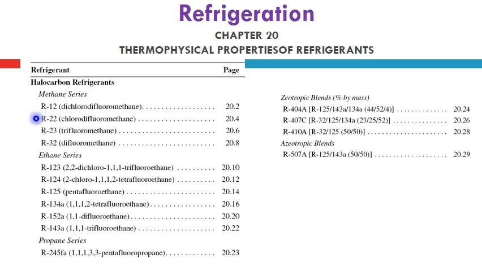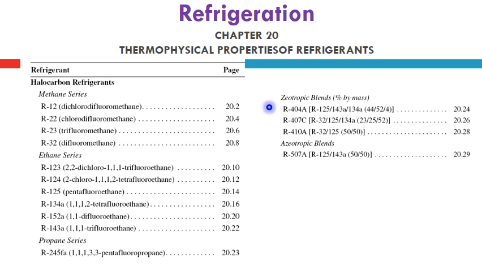The halocarbons of the methane series are R12, R22, R23, R32. For the ethane series: R123, R124, R125, R134A, R152A, and finally R143A. For the propane series, R245FA.